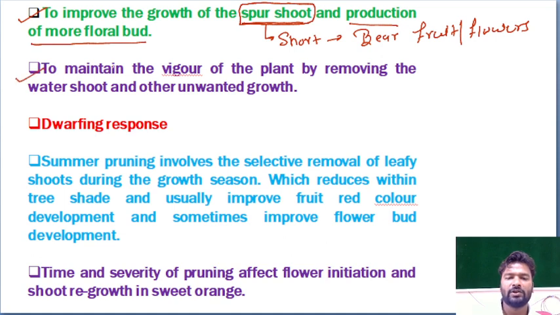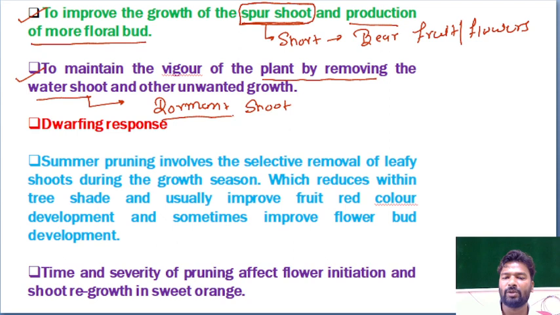Next, to maintain the vigor of the plant by removing water shoots. What is a water shoot? These are dormant shoots. If we remove the dormant shoots, the tree vigor will be increased, and also other unwanted growths are removed.